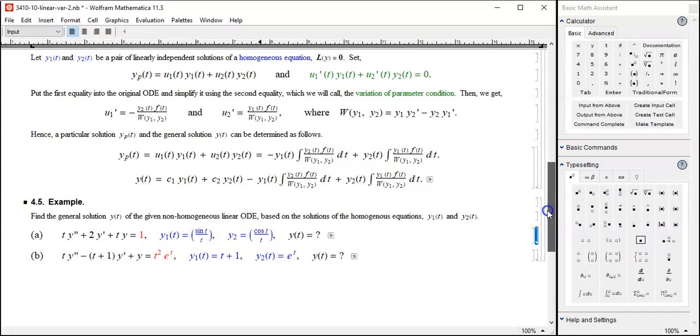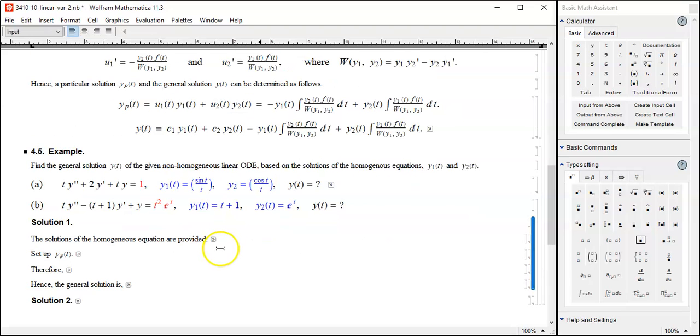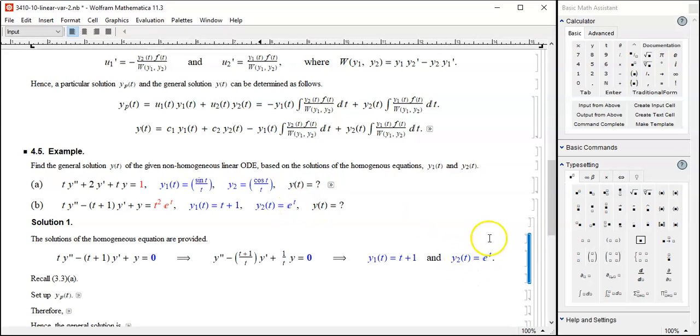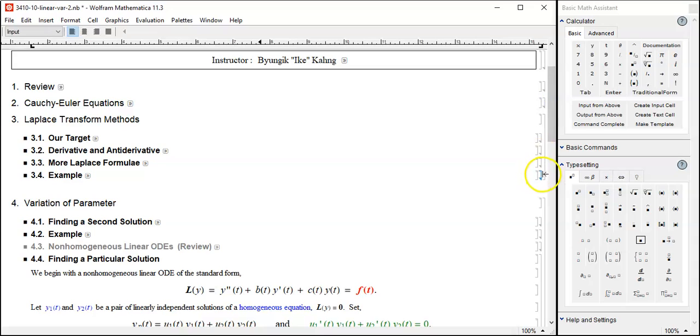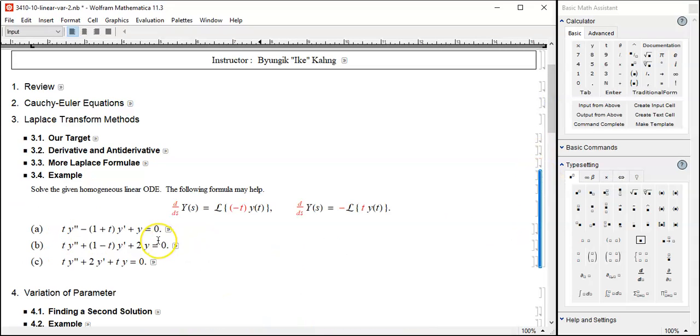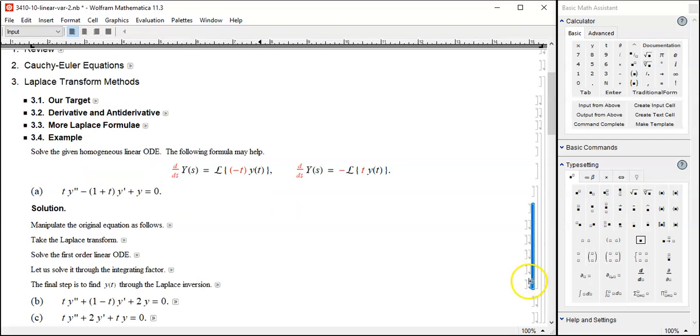Well, do we have another problem here? Okay, all right. One solution is t plus 1, the other solution is e to the t power. They are provided. As a matter of fact, where did we encounter these problems? Yeah, I think it came from the Laplace transform problem.